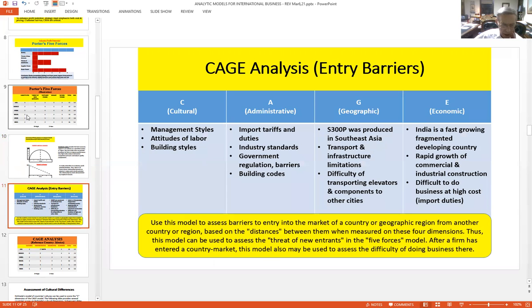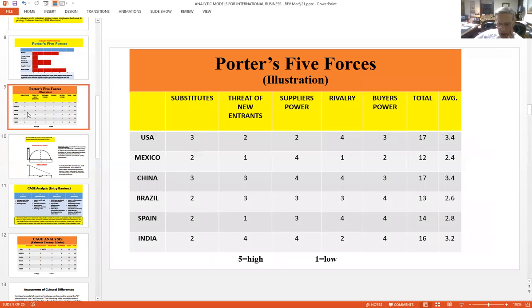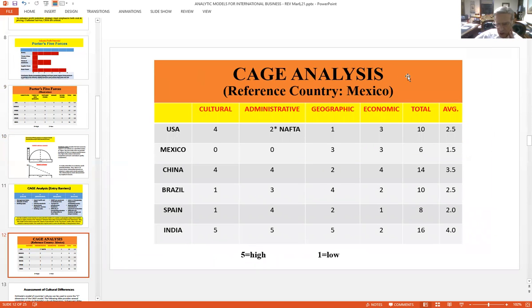Okay, now a question is, how do you estimate the threat of companies coming into an industry? And here's a way to do it. It's called the CAGE analysis. It was given to us by a colleague of Michael Porter, Pankaj Ghemawat. Basically, he talked in terms of the distances between countries.